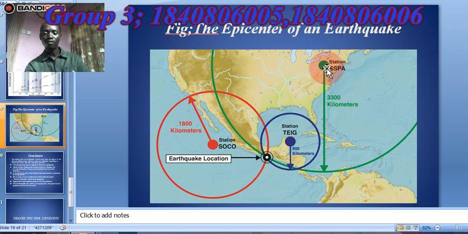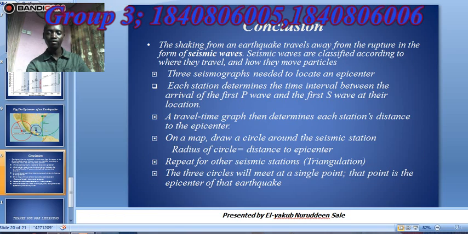This is the farthest seismograph in this example, 3,300 kilometers away from where the rupture occurs. So this is our map, and if we are able to point out a single point where the 3 circles intersect, then we refer to our map and see where it is. Then that is the exact point where the earthquake, the rupture, or the tremor occurs, and that is this.